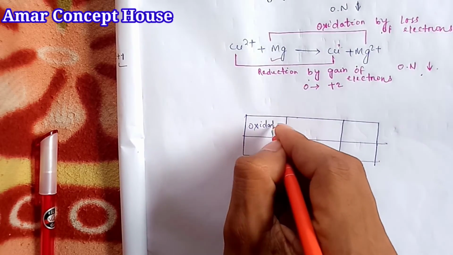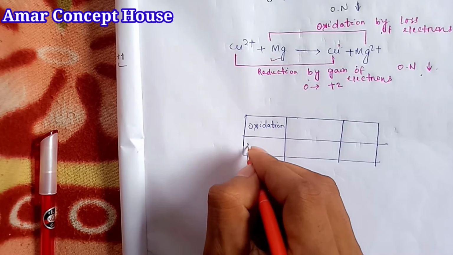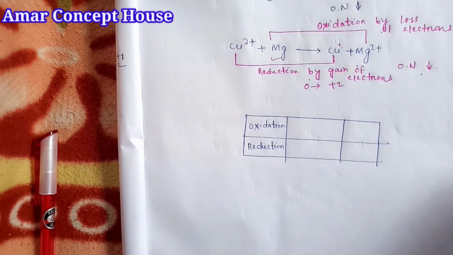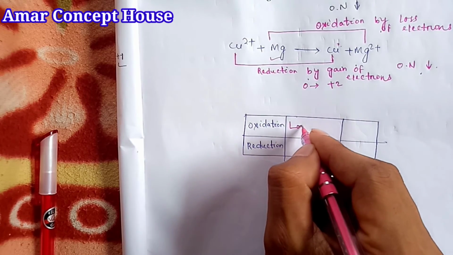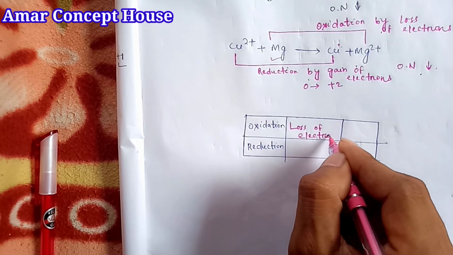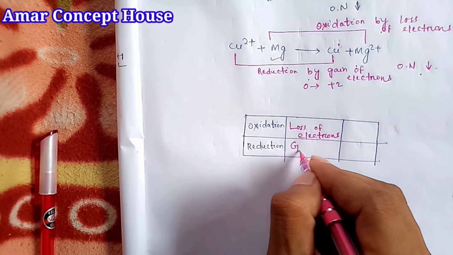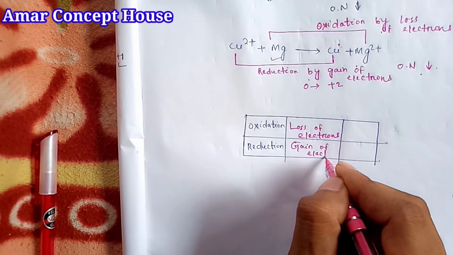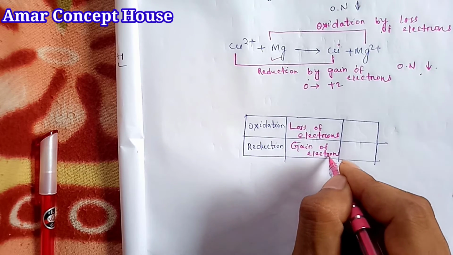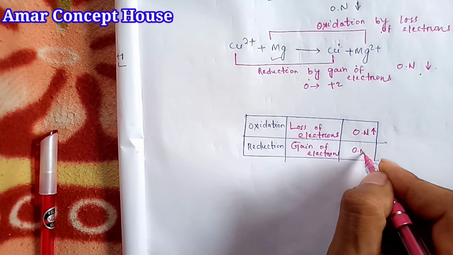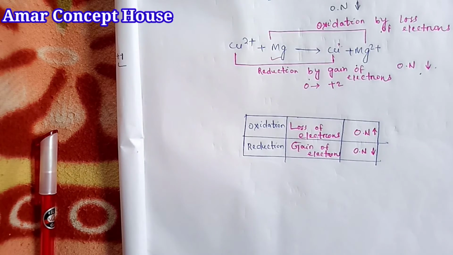Oxidation means loss of electrons and reduction means gain of electrons. And in oxidation the oxidation number increases, and in reduction the oxidation number decreases.